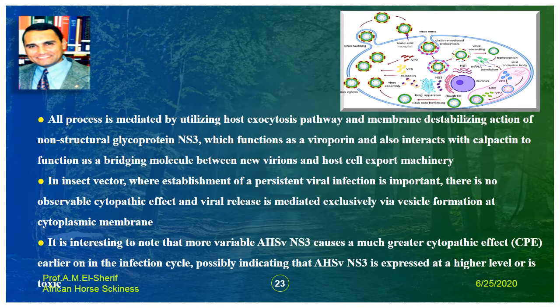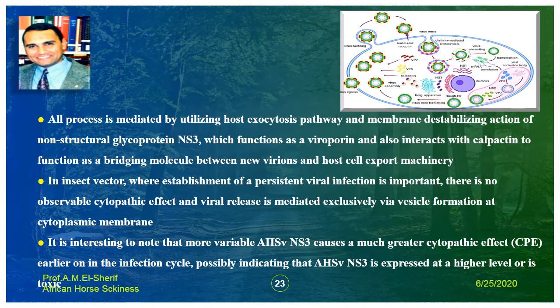In the insect vector, where establishment of a persistent viral infection is important, there is no observable cytopathic effect, and viral release is mediated exclusively via vesicle formation at the cytoplasmic membrane.